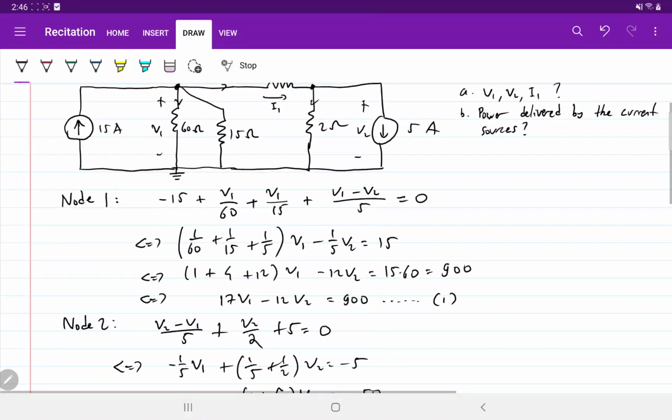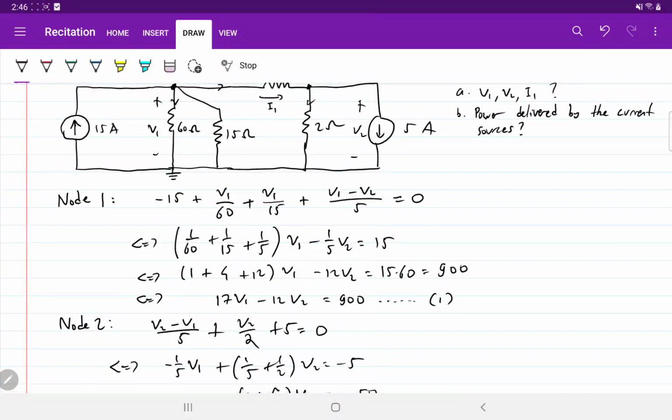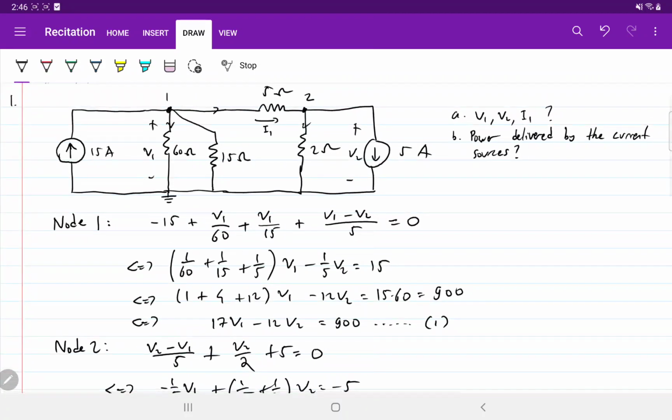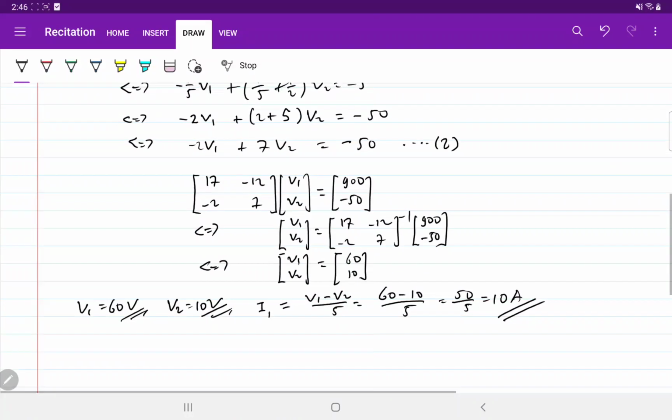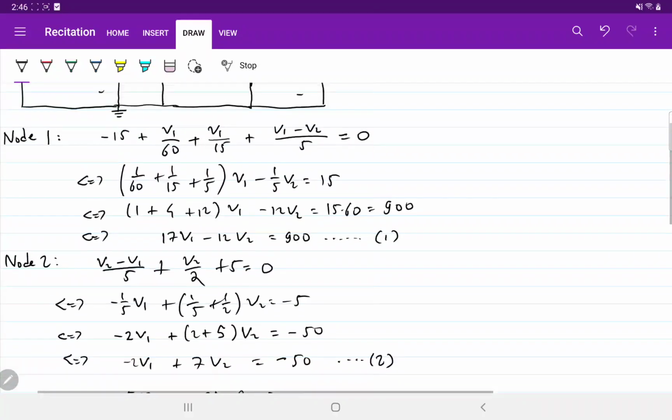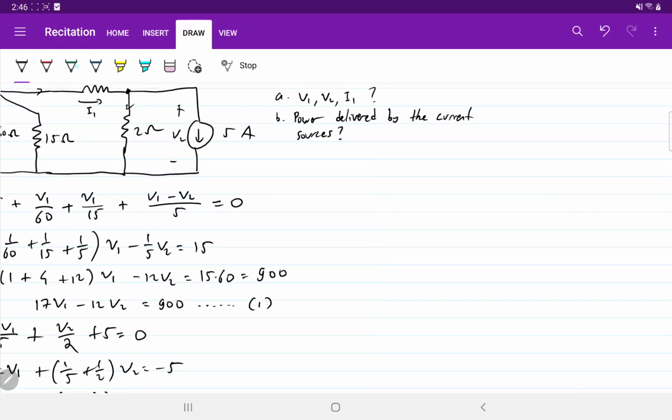How about the power? Okay, so the power is a little bit tricky because you have a sign that you should not forget, because the sign determines whether some sources are consuming power or delivering power. Okay, so the convention is the following.